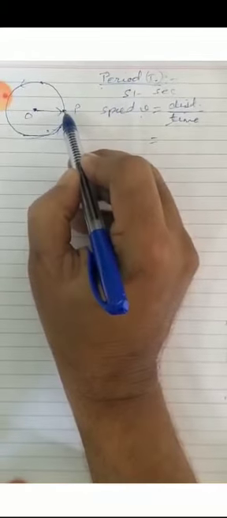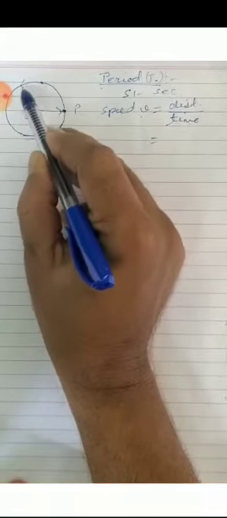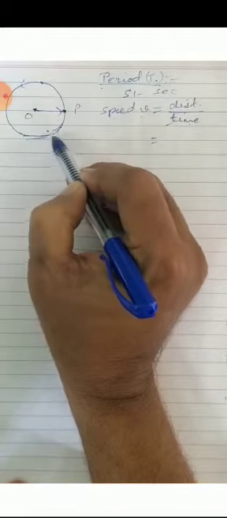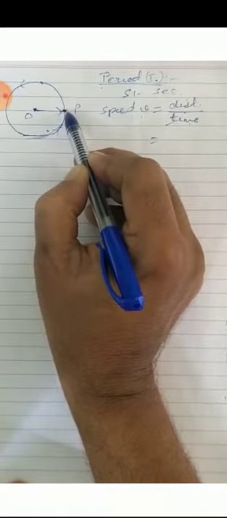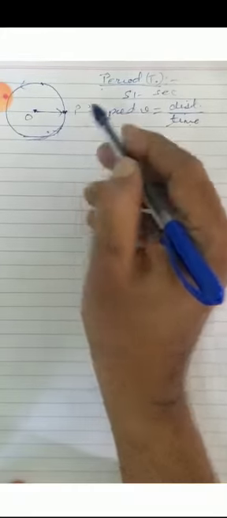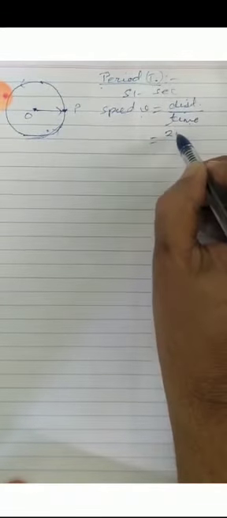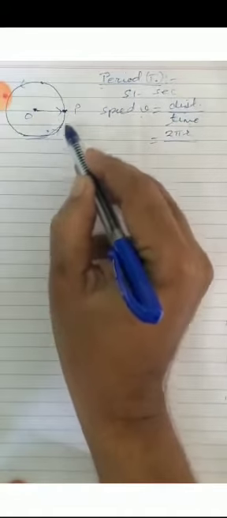Now if you start from this point P, the particle moves in this way, and completes one revolution when it comes again at the same point. Within this much time, how much is the distance covered? The distance covered is the circumference, and it is nothing but 2 pi r. And the time taken to complete one revolution is called period. So T is the period.